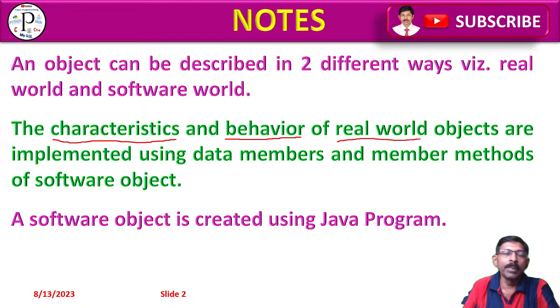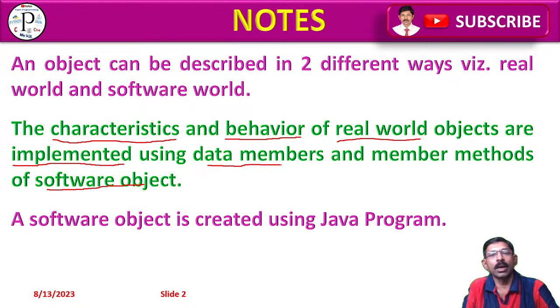But when I'm implementing it in a software object, we call them data members. So in order to store the color, I'm declaring a string variable, String color. Suppose I want to store how many legs, I say int legs. So these are called data members. And the operations that we can do on these data members are called methods.